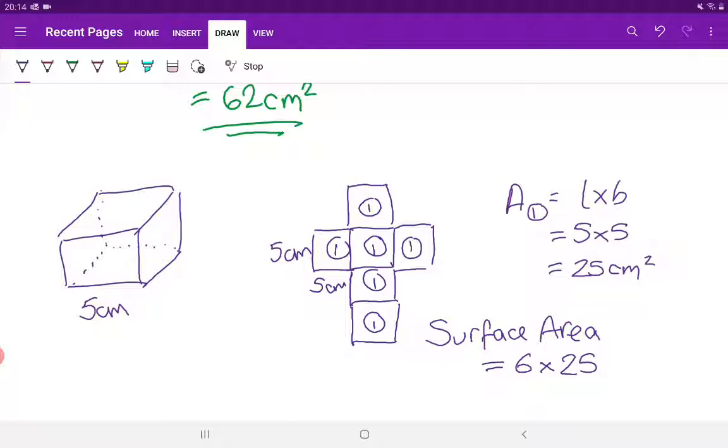Now, 6 25s. 4 25s are 100, so 2 25s are 50, so it's going to be 150. And remember, if you need a calculator for that, then please just use one for this, because we're not as worried about being able to do it without a calculator, although you should be able to. Remember, you can write a wee chimney sum if you can't do it in your head. Okay, but it's more about making sure you know how to work out the surface area.